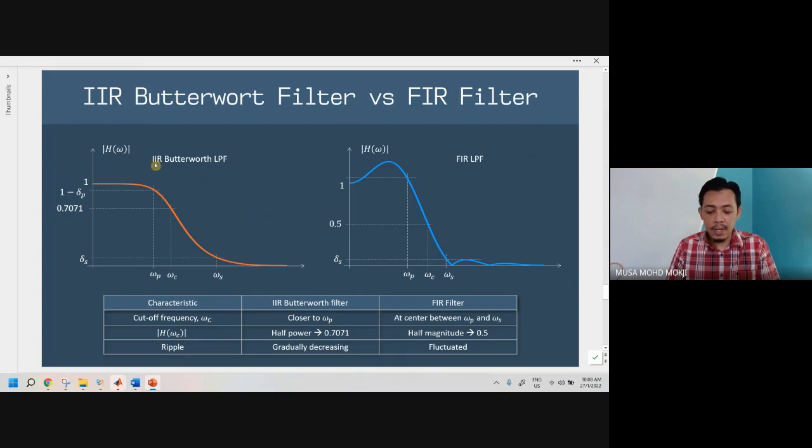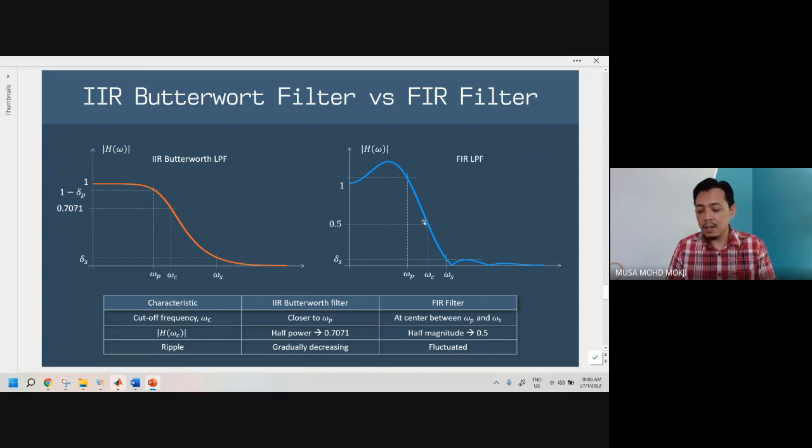But the IIR filter follows the Butterworth analog low pass filter. So the omega c, the cutoff frequency, is not exactly at the center of omega p and omega s. Instead, it is placed at half power, which is 0.7071 magnitude, because this is from an analog filter.